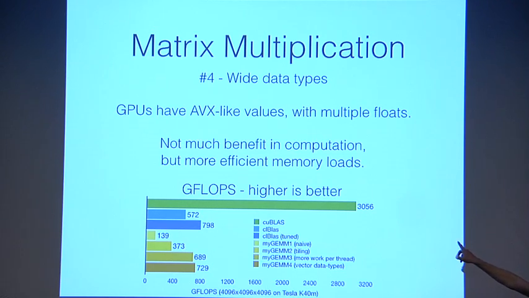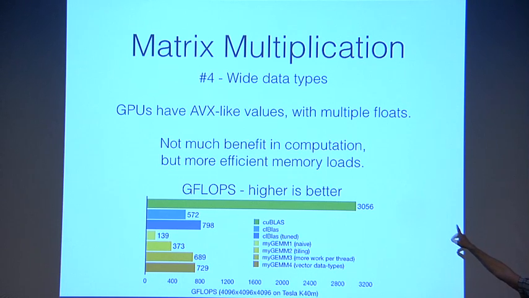GPUs have these multi-float types because historically they were used for graphics computations where, for example, you have 3 colors, or positions in the geometry for rendering an object represented with 3 values or 4 values. So they already have these AVX-like registers, I think only up to 4 floats in a lot of cases.